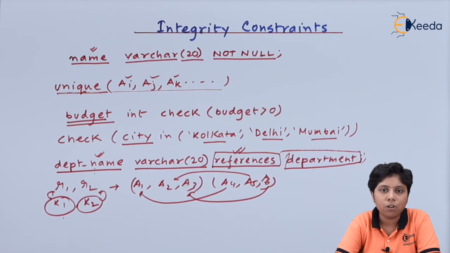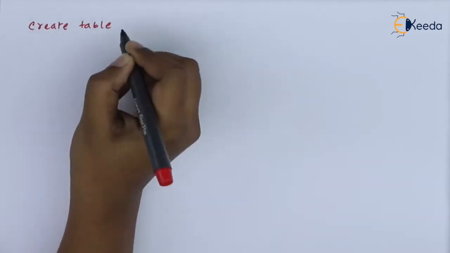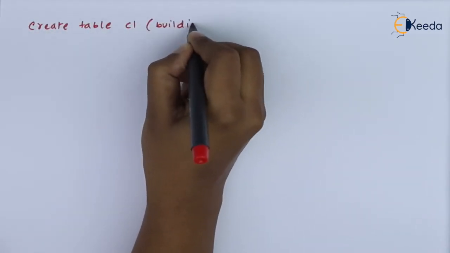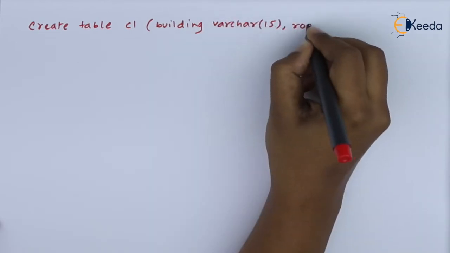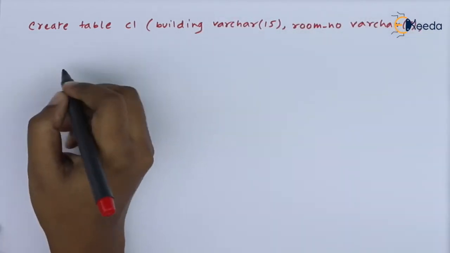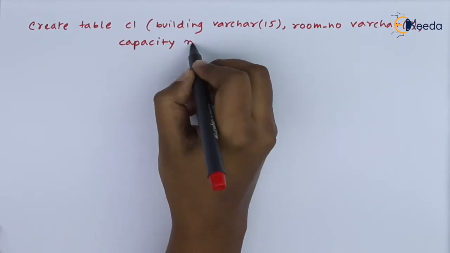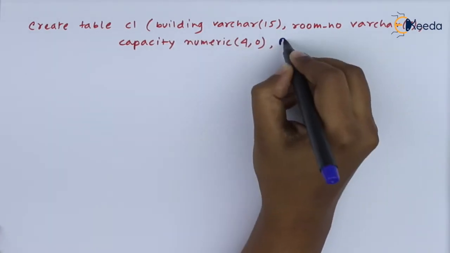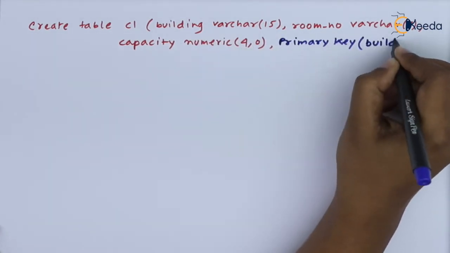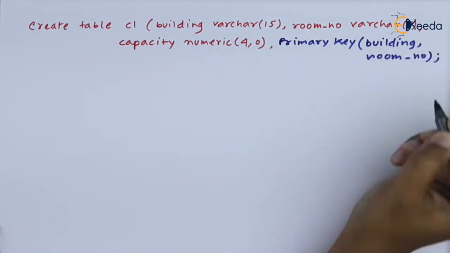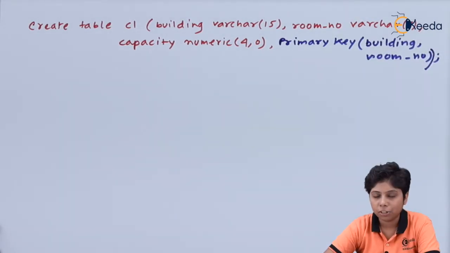Now we will use all the integrity constraints and referential integrity constraints inside an SQL query. First, we will make the primary key constraint, that is the basic integrity constraint. See here what I have done.